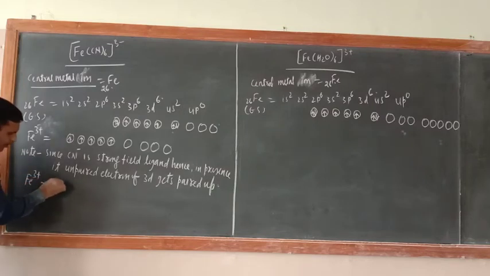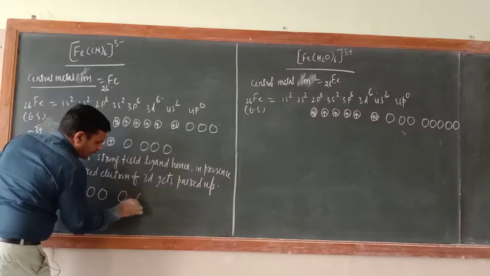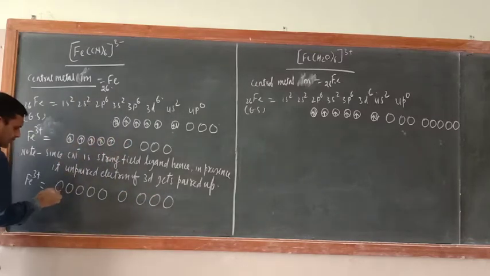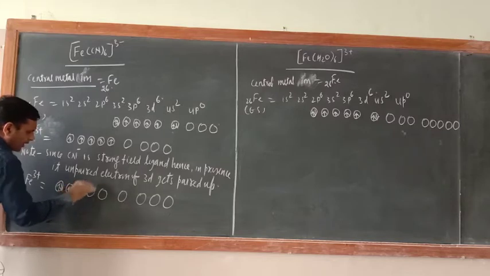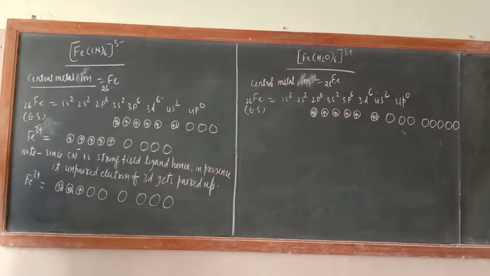So 1 2 3 4 5. Here 1 1 2 3. So now here 5 electrons are there. Now only one unpaired electron will be here. Okay. Now just see what would be the hybridization.